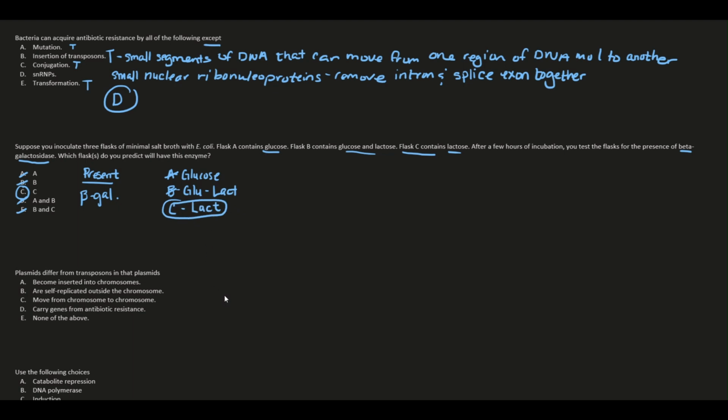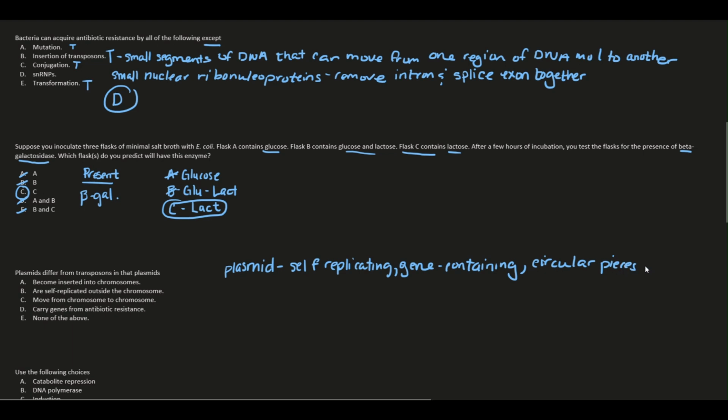Plasmids differ from transposons in that plasmids. Well, what is a plasmid? A plasmid is a self-replicating, gene-containing, circular piece of DNA.